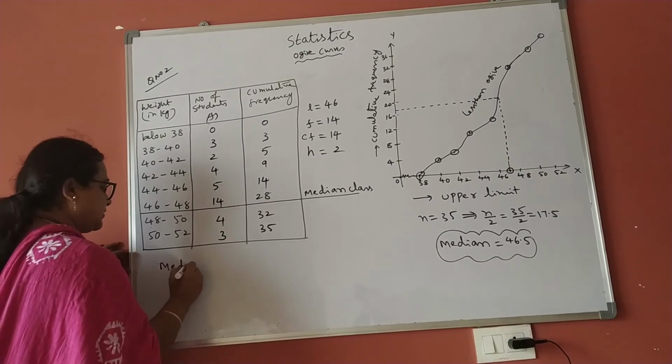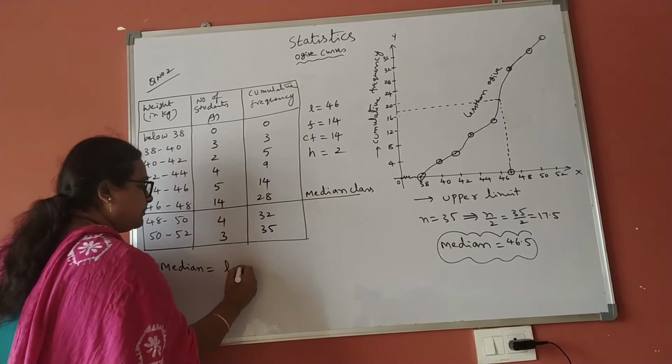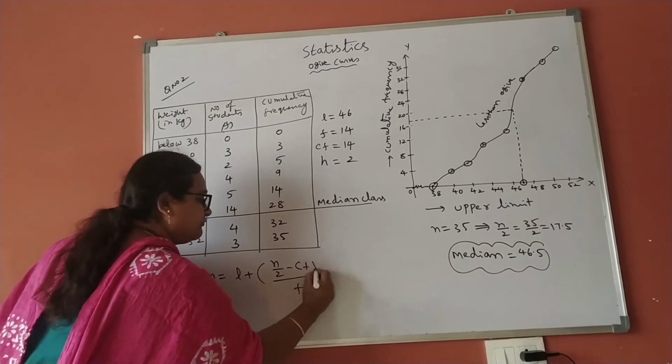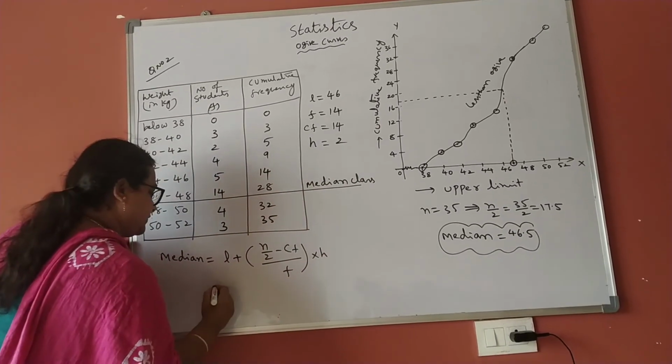So median is equal to L plus n by 2 minus CF by F into h.